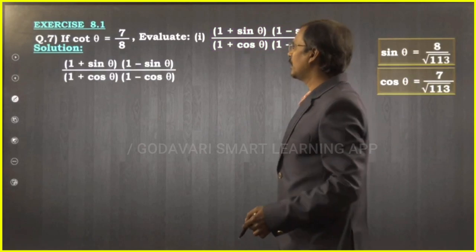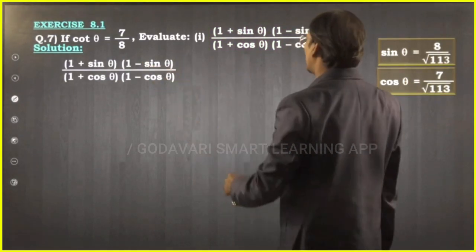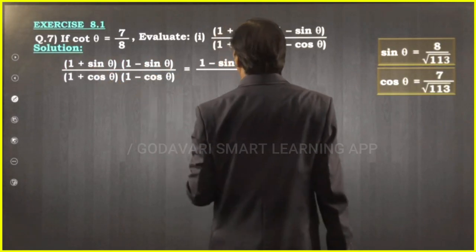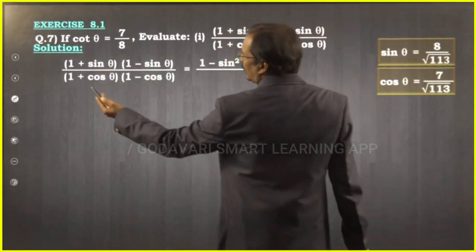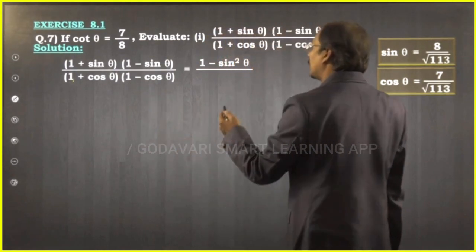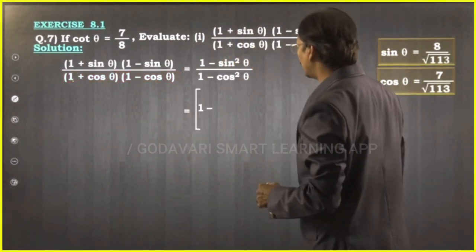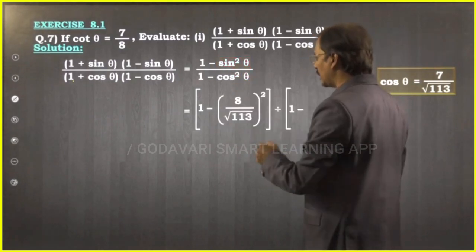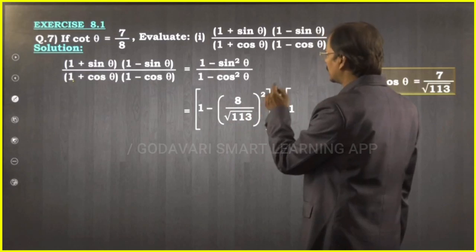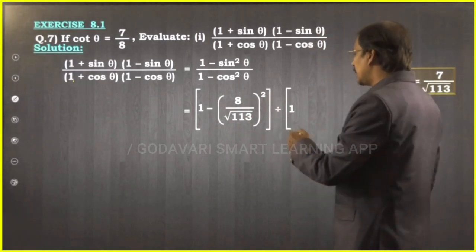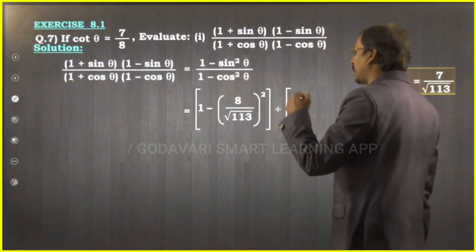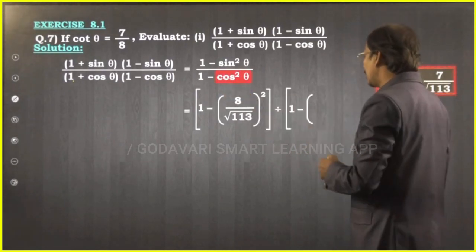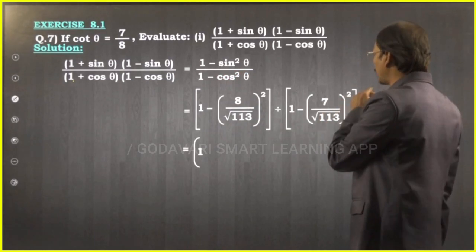So then finally we have to take the total problem: (1 plus sin theta)(1 minus sin theta) is equal to 1 minus sin square theta, and (1 plus cos theta)(1 minus cos theta) is equal to 1 minus cos square theta. That is 1 minus (8 by root 113) whole square, divided by 1 minus (7 by root 113) whole square.